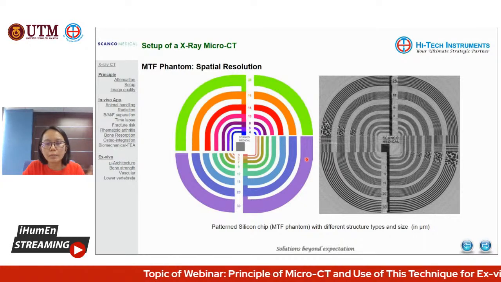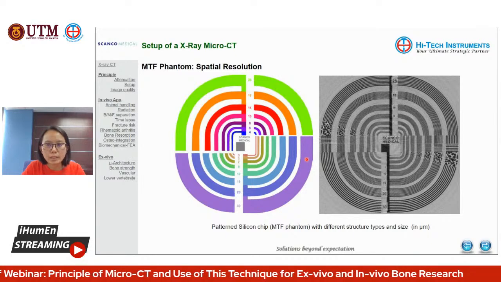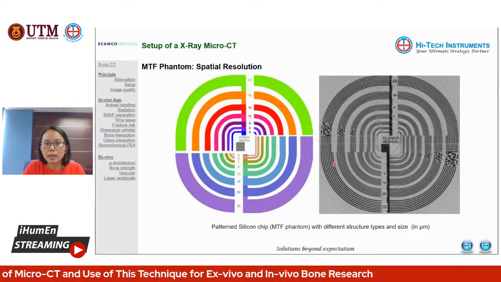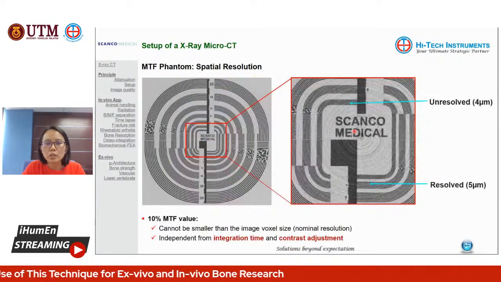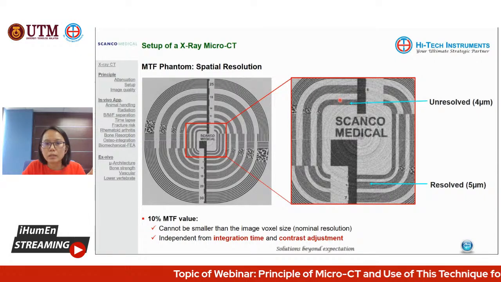After being scanned by the MicroCT and reconstructed into a single slice, you will see an image like this. From here, we can zoom in and start looking at the lines of different frequency, the different lines with different gaps.